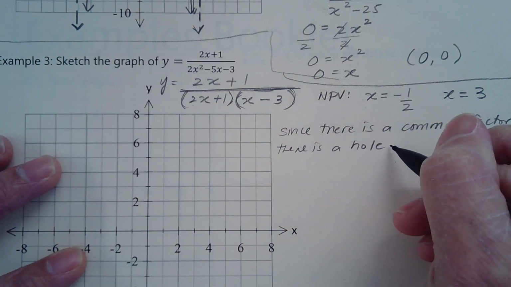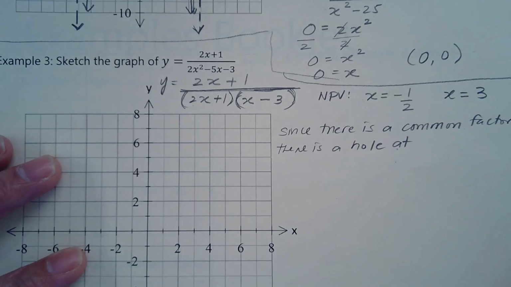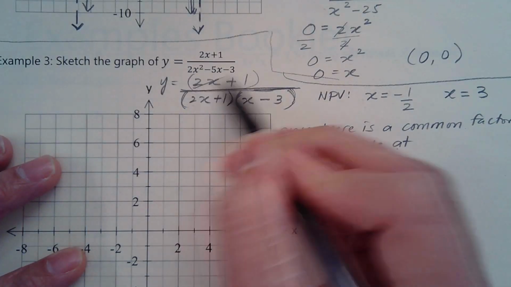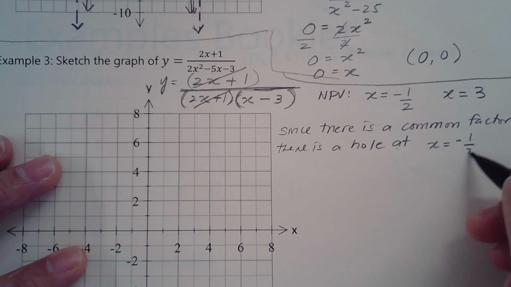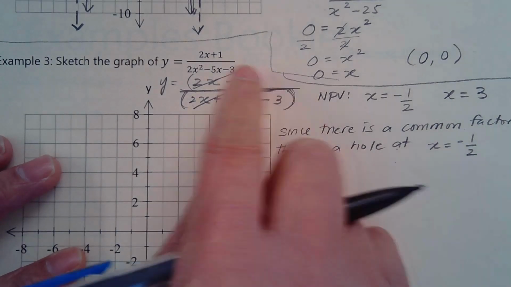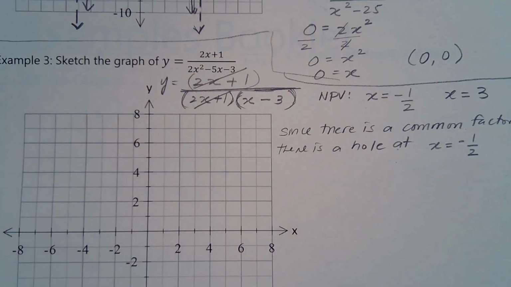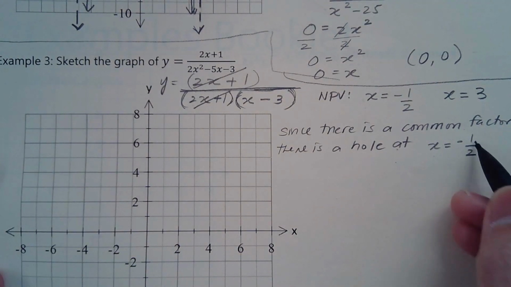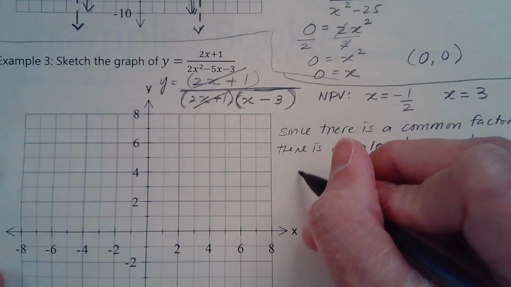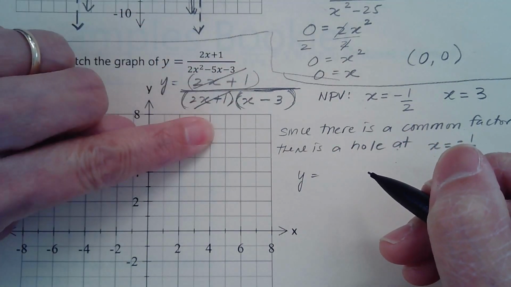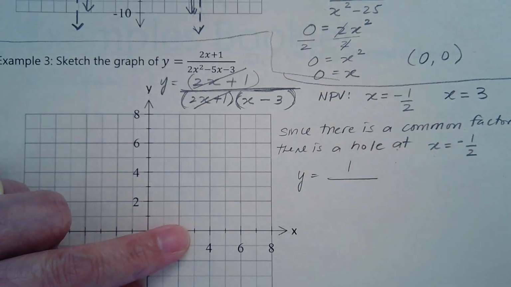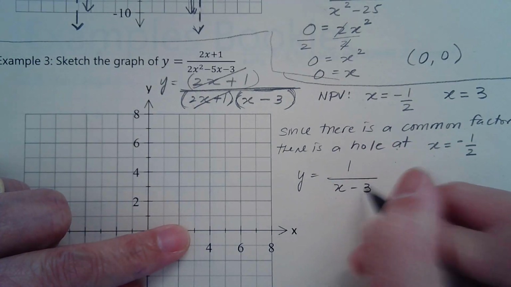Okay, so there's a hole at, which one is that? This is the one that cancels, at x equals -1/2. So let's cancel that out and figure out the exact location of the hole. If x equals -1/2, y would be, well, this is canceled, this is canceled, it's going to be 1 over x minus 3, right?